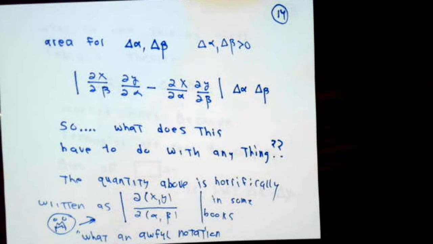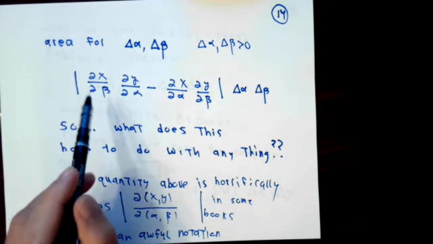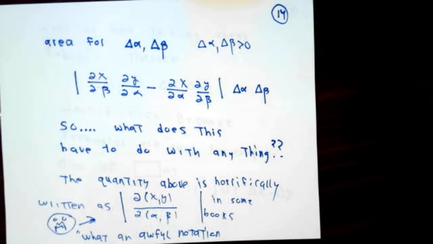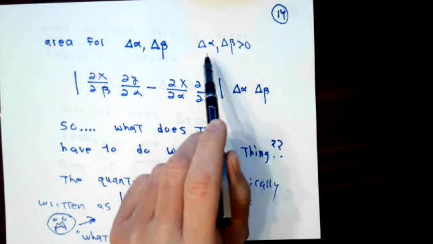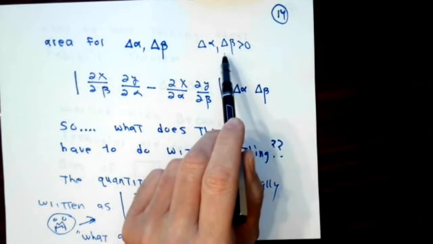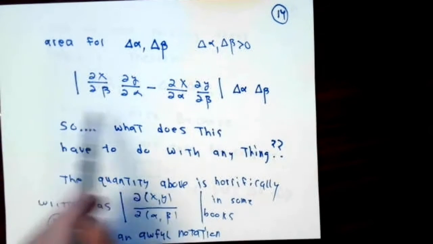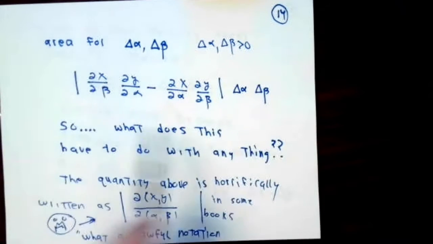If you write out the determinant, you'll just get this. I have to take the absolute value of it in case it's negative. If we assume that our delta alpha and delta beta are positive, I don't have to take absolute values of those. This is the area of that little parallelogram that we were talking about.